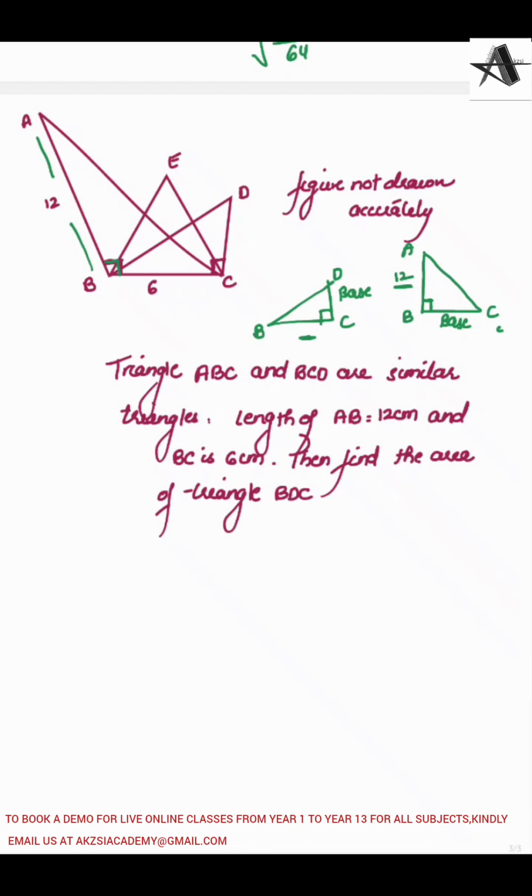I'm saying that if you think BC is the same corresponding side or base of both triangles, then they won't be similar. They will be exactly equal. Equal triangles are still similar. But here it's mentioned that one is smaller, one is bigger. So if one is smaller and one is bigger, their corresponding sides cannot be equal. So if BC is the base, then definitely DC will be the base of the other triangle.